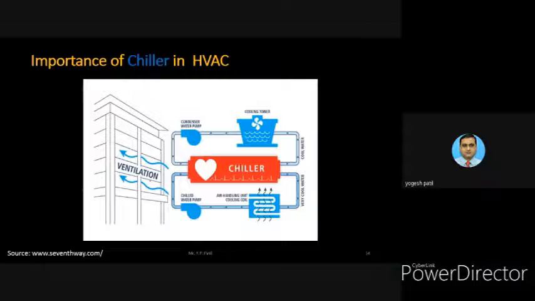In this diagram, you can see that there are two types of flows, the upper side and the bottom side. In the bottom side, the cool water from the chiller enters a particular air handling unit.